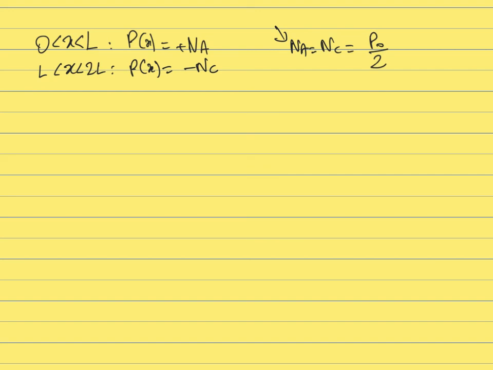And since we knew already what was the expression of the load in terms of the unknown, then it means that now we can go to step 8. We can calculate first the internal load. So remember not to stop simply, if I'm asking you to calculate the internal load, don't simply write P(x) equal plus Na when x equals 0 to L, or P(x) equal minus Nc when x is in between L and 2L, because that's not a final expression.